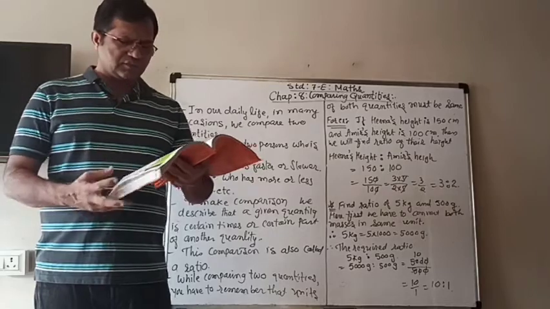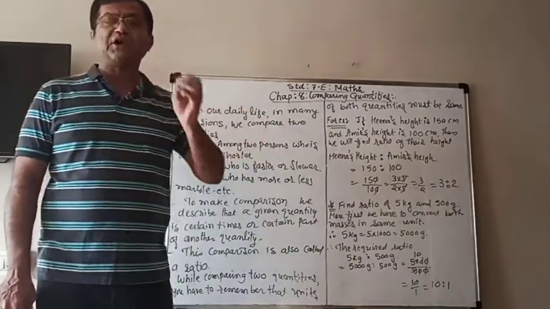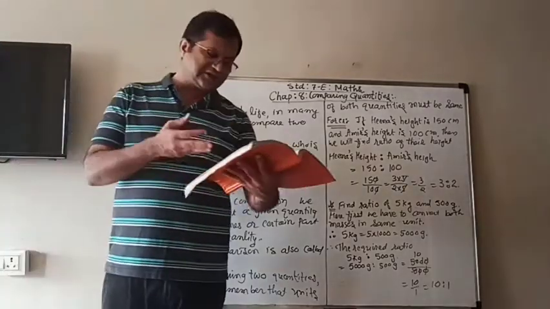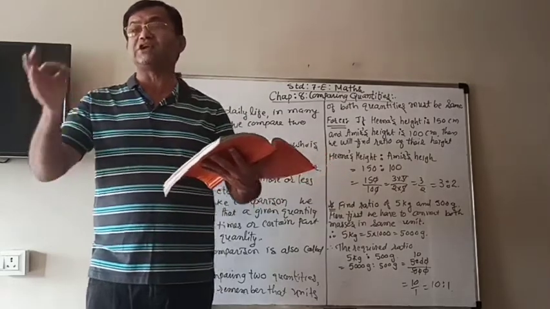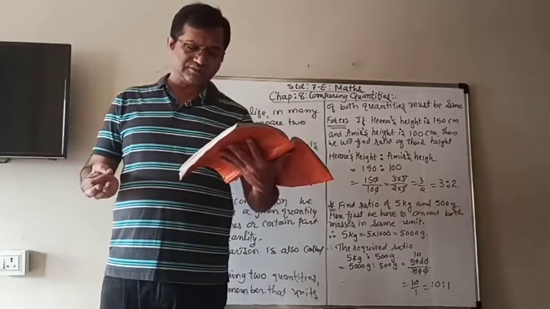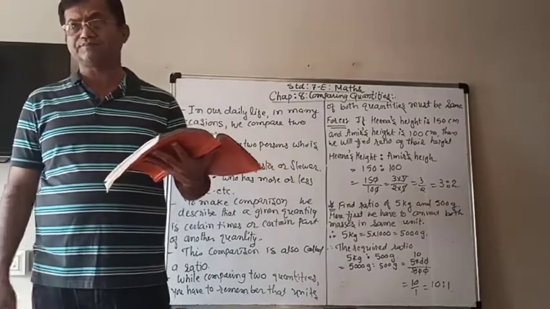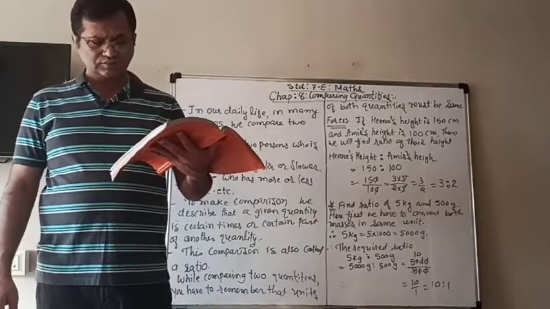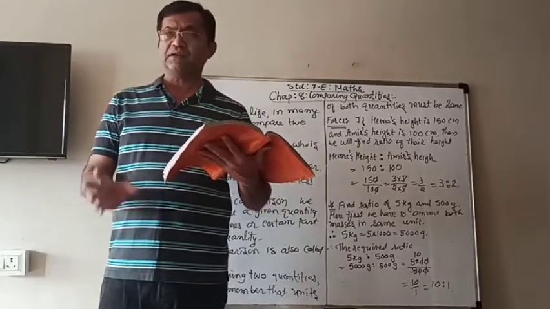Now, if we compare quantities like the speed of the cheetah and the speed of the man, here it is given that the cheetah's speed is 120 km per hour and the man's normal speed is 20 km per hour. So you can see that if you find the ratio 120 upon 20, then you get 6.